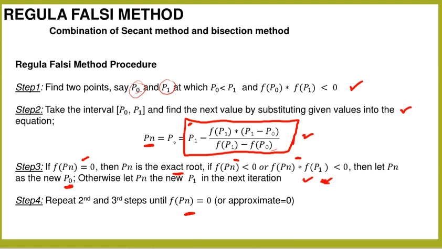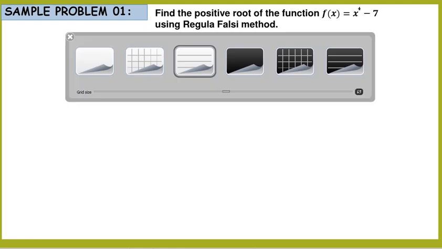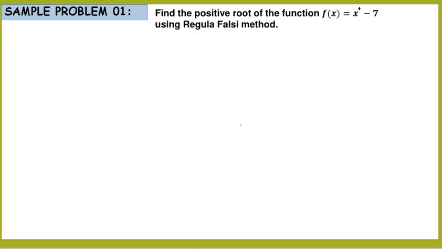Okay? So, let's take an example. So, we have to find the positive root of the function f(x) is equal to x raised to 4 minus 7 using the regula falsi method. So if you notice, yung example natin, ito din yung first example natin sa bisection method.